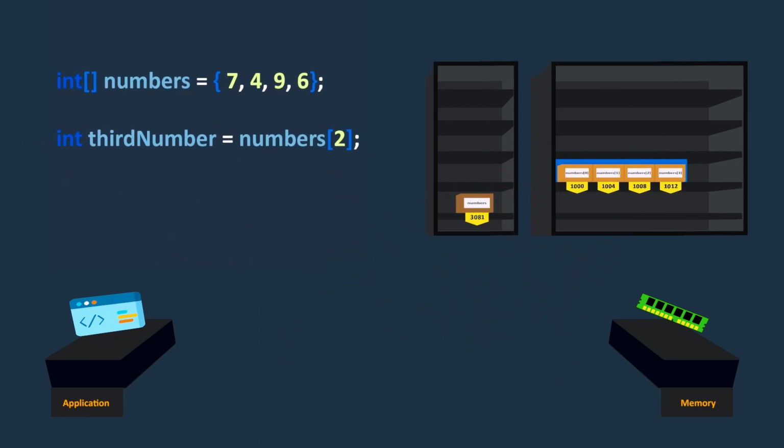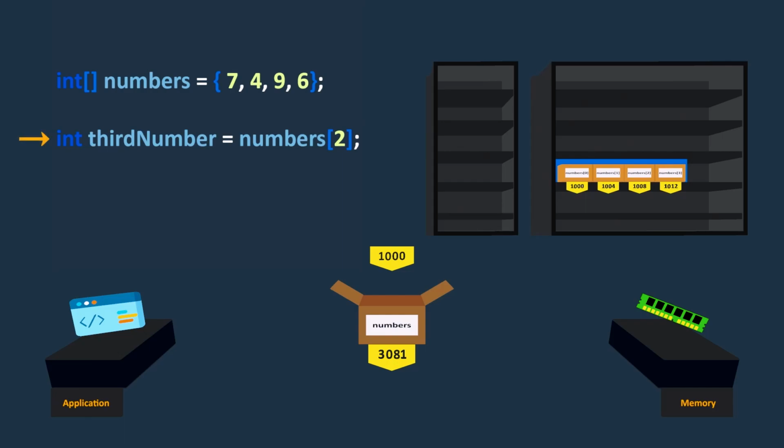Let's say we want to access the third element of the numbers array. When we access an element of the array using the variable, the reference is used to locate the appropriate memory location and retrieve the value.